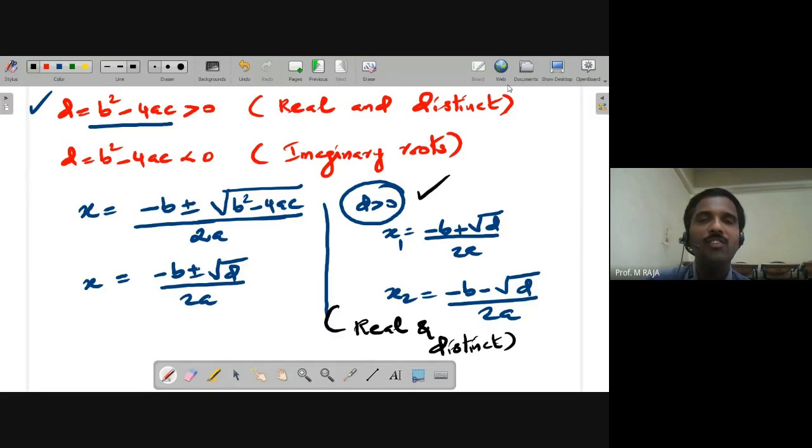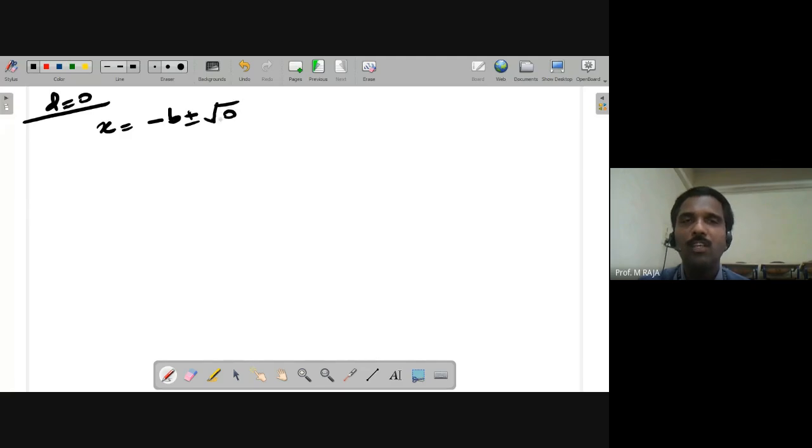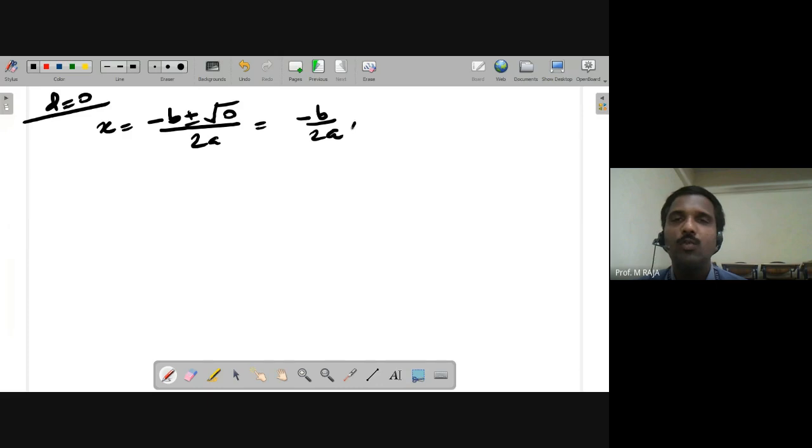In case d is equal to 0, x becomes minus b plus or minus square root of d, that is 0, by 2a. Ultimately we have minus b by 2a, minus b by 2a.